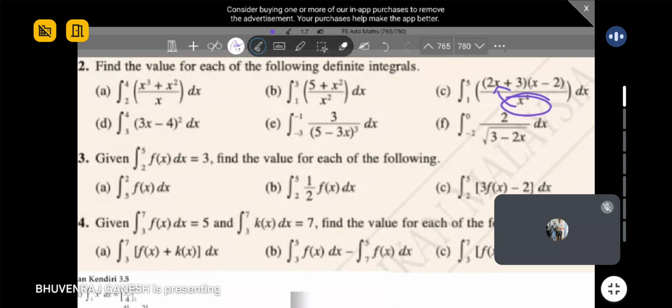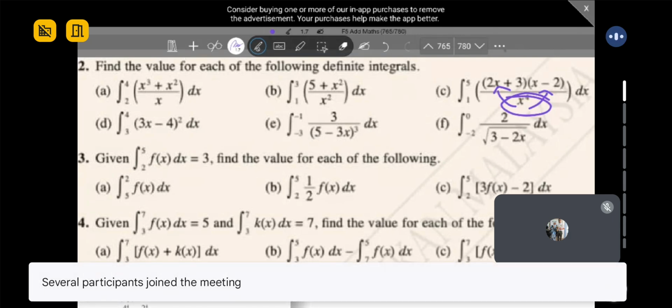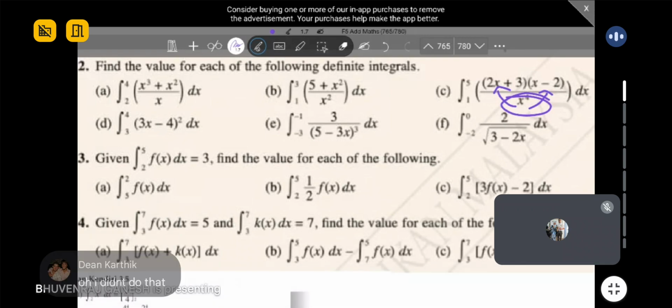You must divide to every single term, not just one. You cannot divide it with only one. That's why I see your answer is partially correct, but not complete, because you need to divide it to every single term. Then only you integrate it.